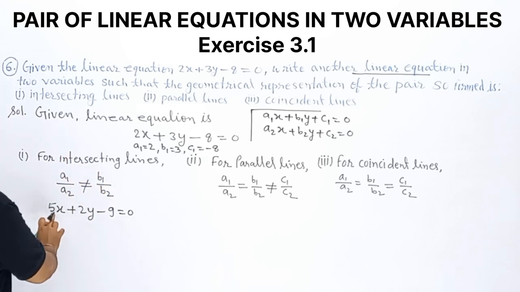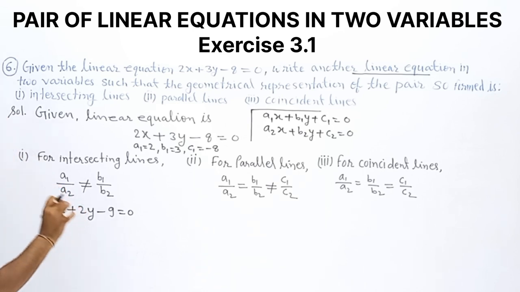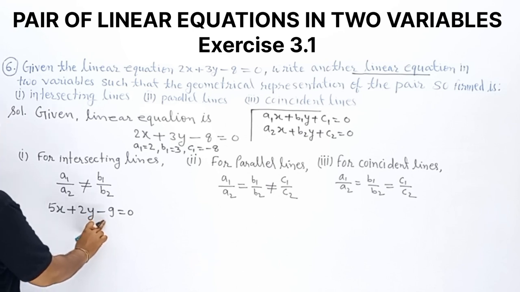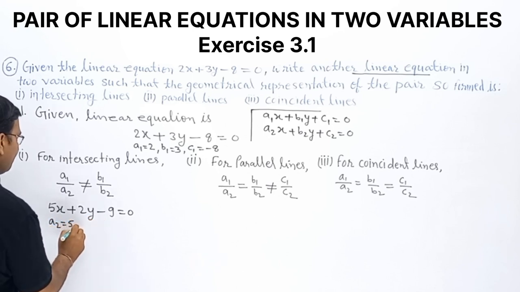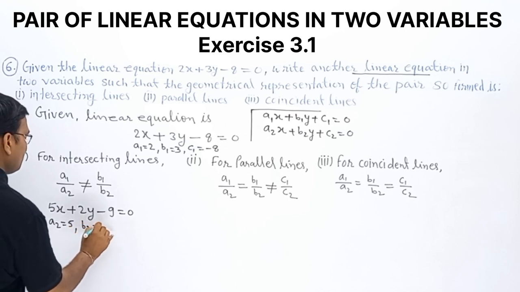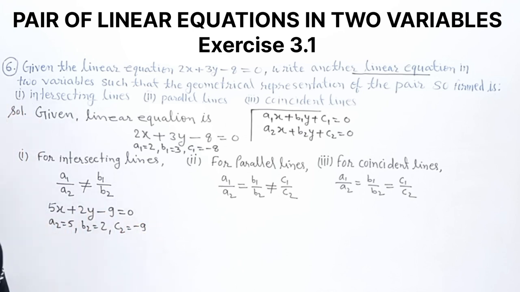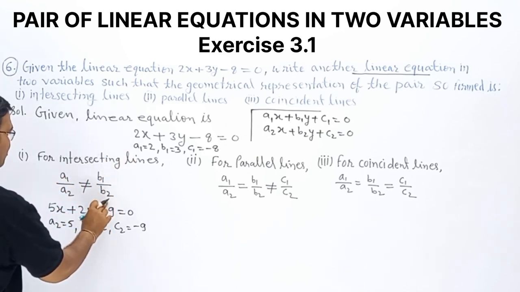So I am taking another linear equation in two variables, 5x plus 2y minus 9, in which a2 equal to 5, b2 equal to 2 and c2 equal to minus 9. Clear?